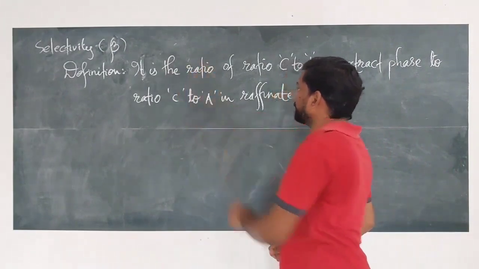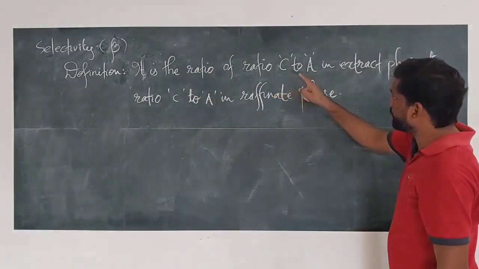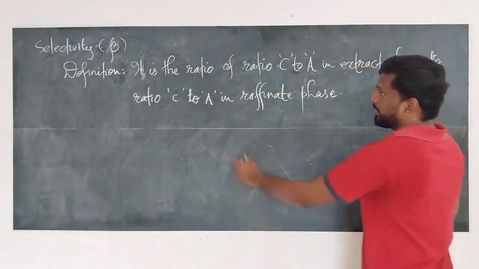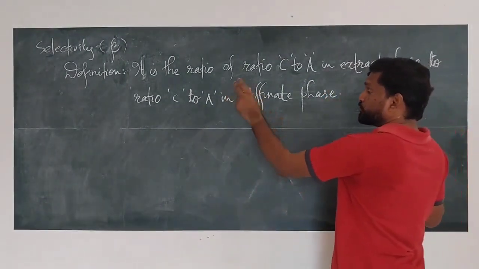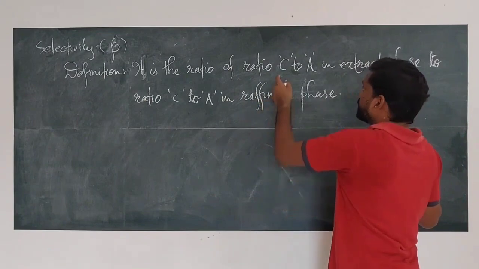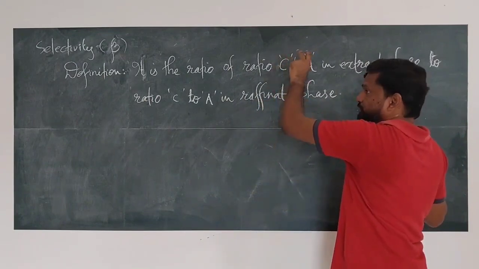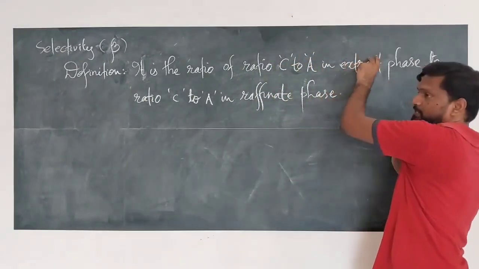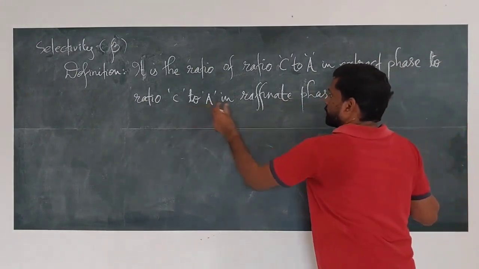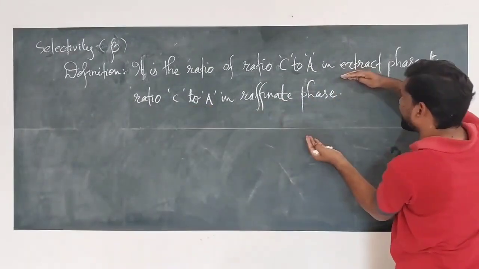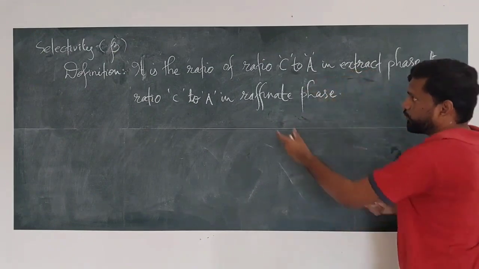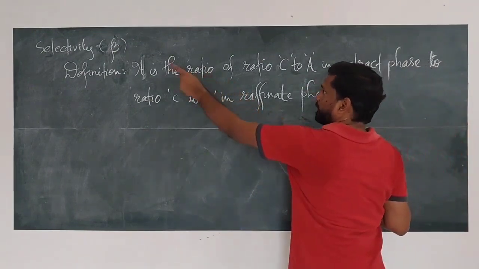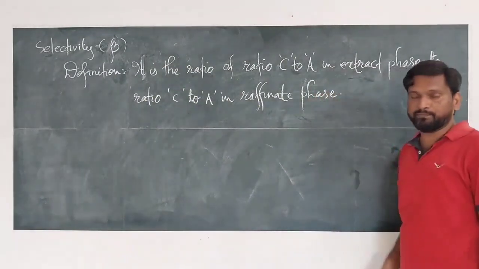So it is the ratio of the C to A ratio in the extract phase and the C to A ratio in the raffinate phase. Means it is the ratio of a ratio. Which ratio? The C to A ratio. So the ratio of C to A in the extract phase and raffinate phase would give you this ratio, which is called selectivity.